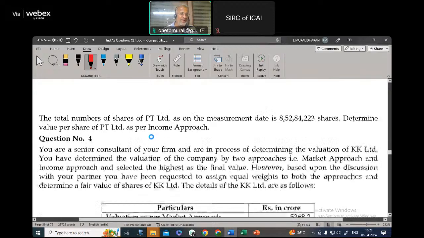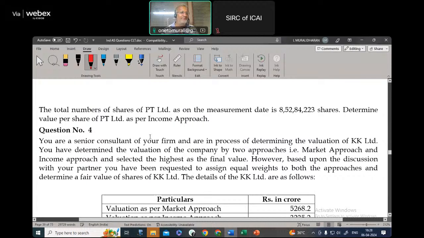So for the non-core items, we are expected to add this non-core cash item, and divide the value by 8 crore 52 lakhs 84,223 shares, so as to arrive at value per share.